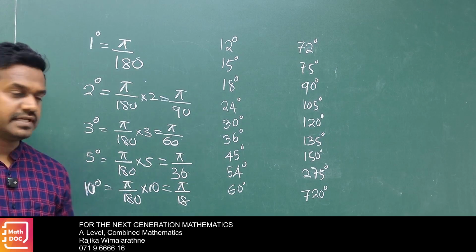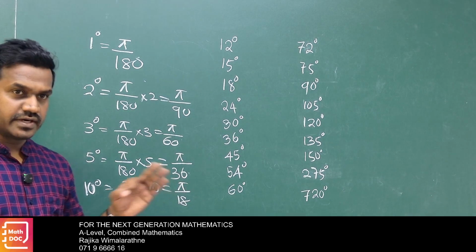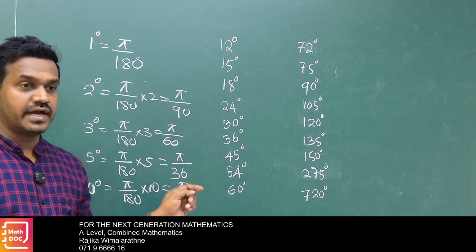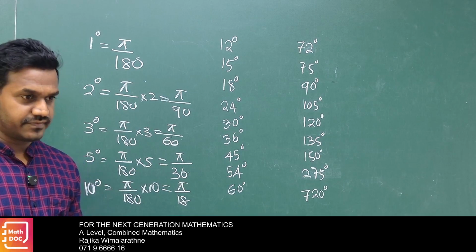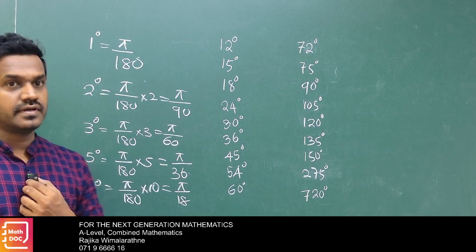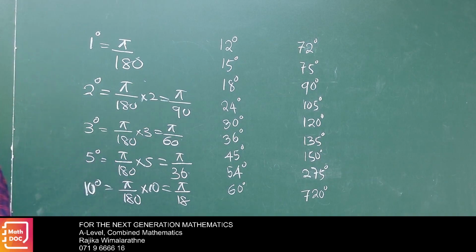I need only the simplest form, no decimals needed. In terms of pi with fractions, that's enough. Do it.